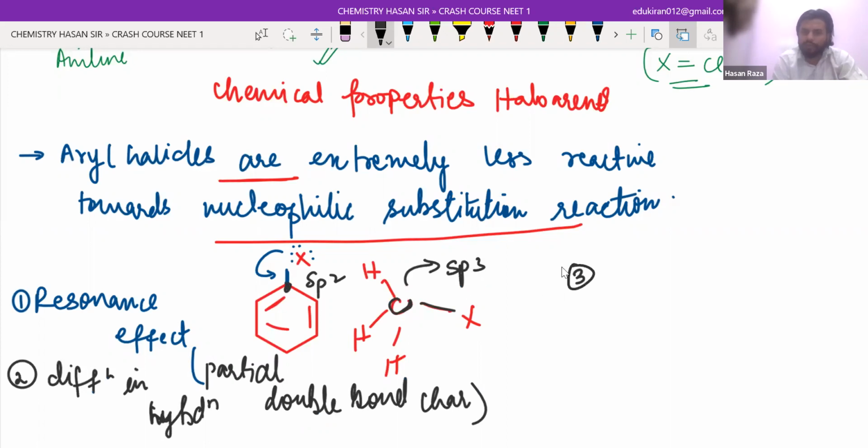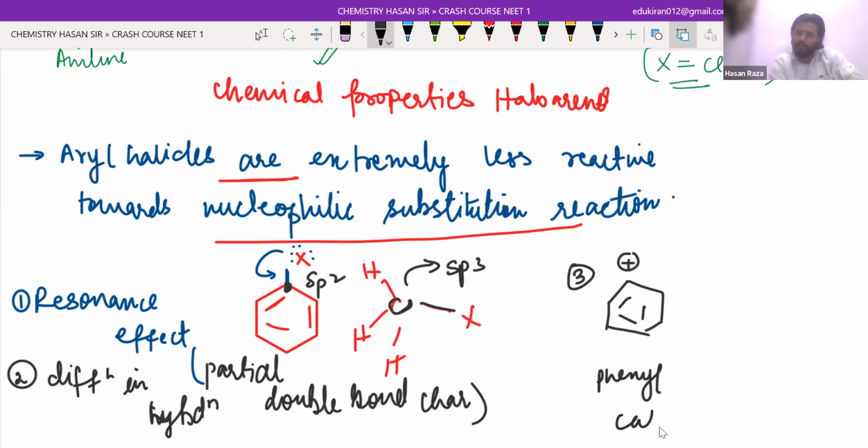And the third, which is very important, if you are going to break this bond in any way, remove the chlorine, so there will be formation of phenyl cation, which is highly unstable.